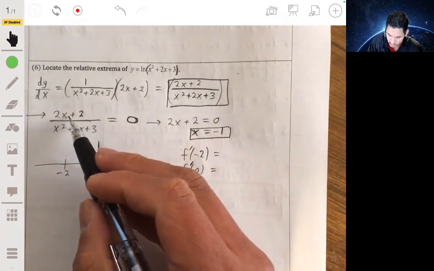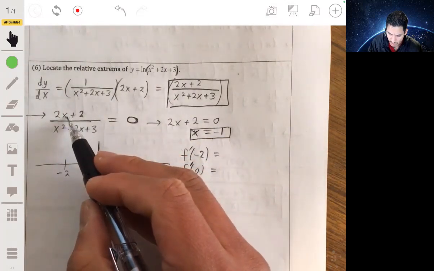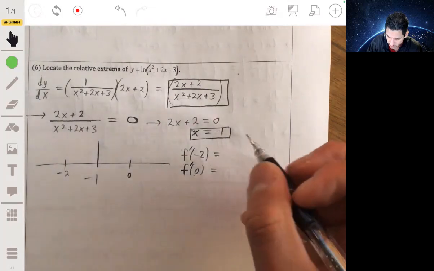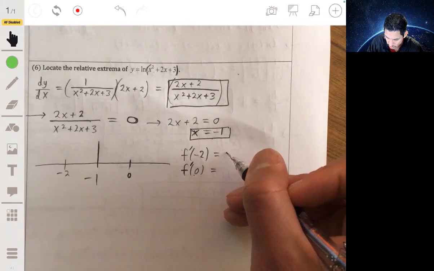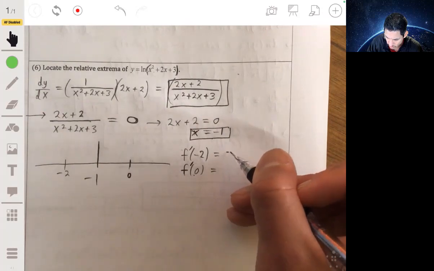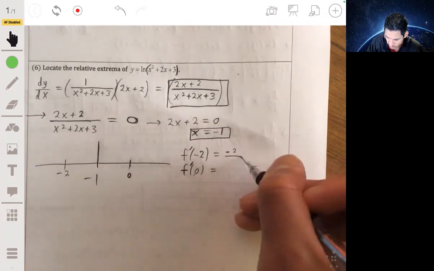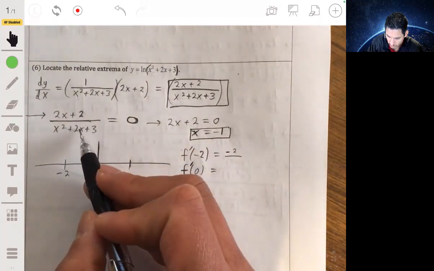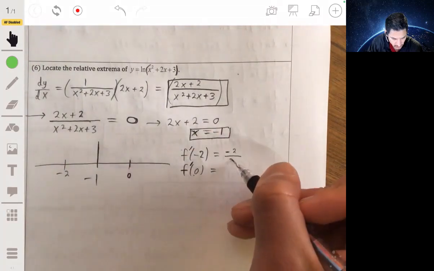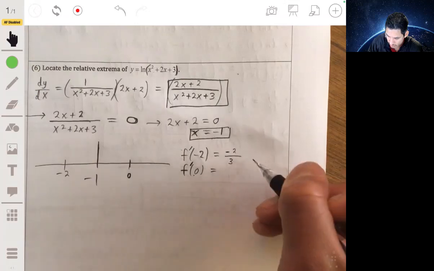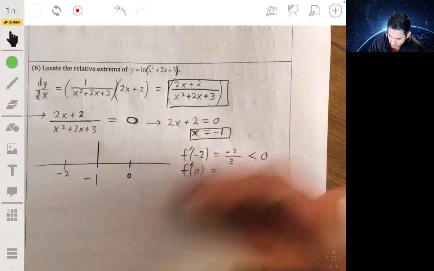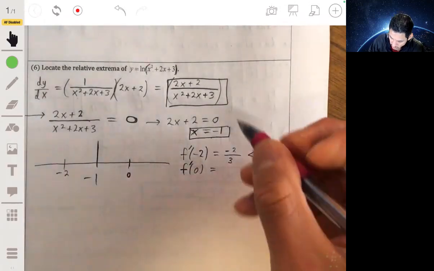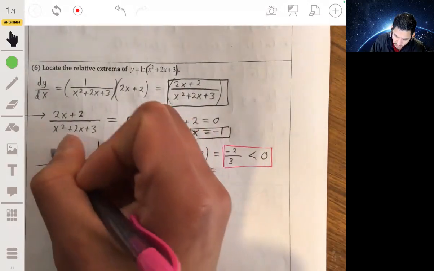We only care about the sign, remember that. So f prime of negative 2, we would have negative 4 plus 2, so negative 2, over 4 minus 4 plus 3. So we have a negative number. This is less than 0. So we know it's negative here.